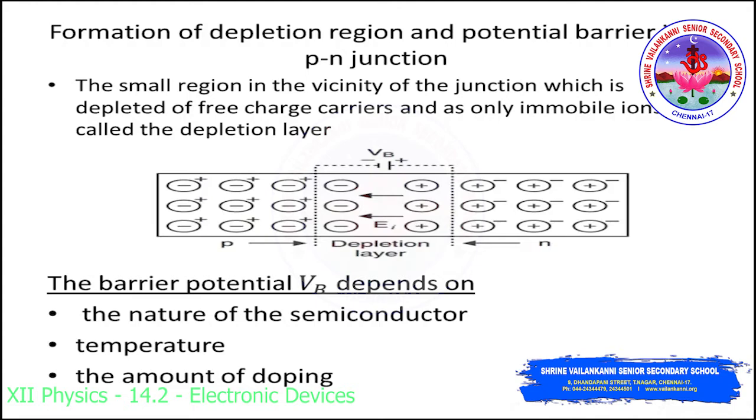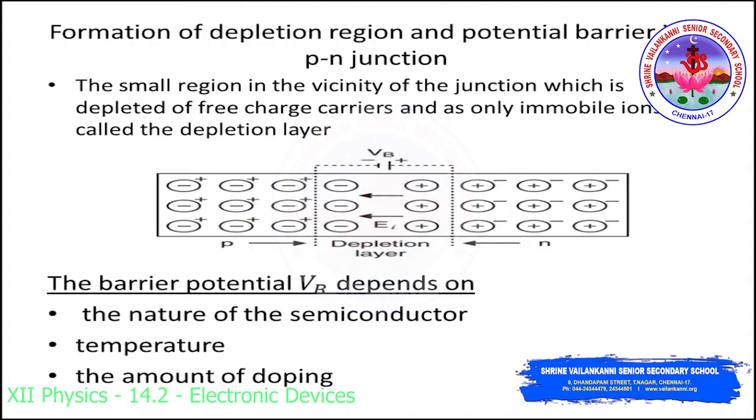Now the majority charge carriers begin to diffuse from regions of higher concentration to regions of lower concentration. What we are seeing is diffusion from higher to lower.